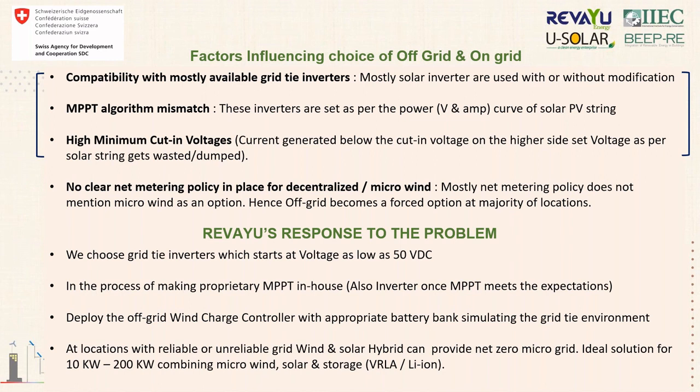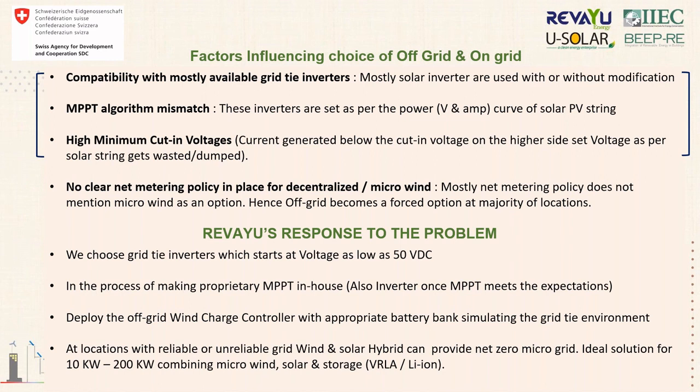Factors influencing the choice of off-grid and on-grid. I have bracketed these 3 points together because all 3 are interconnected. Compatibility with mostly available grid tie inverters is one of the criteria which affects whether people choose off-grid or on-grid.